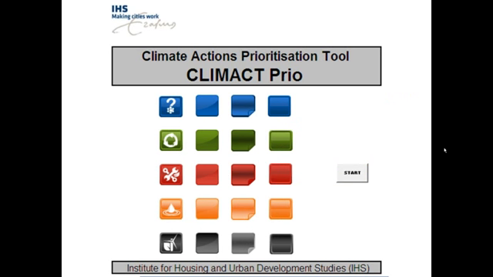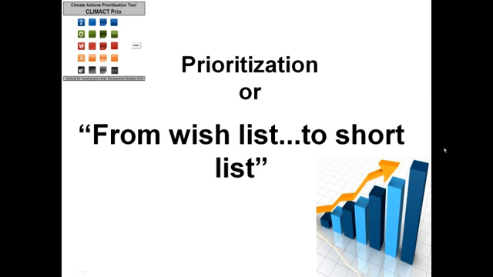So, about the tool, the motivation behind the development of the climate actions prioritization tool was, of course, to support policymakers in urban areas and urban planners to go from the wish list, when they have many different mitigation or adaptation actions to implement in cities, to the short list. So how they can go to a short list of actions and measures that could be applicable, beneficial, effective, and efficient in their local context.